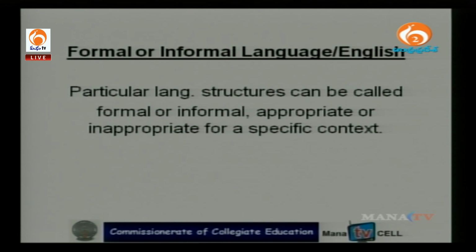Generally, the language which we use in our day to day life, and when we write something with proper structures, can be called formal or informal, and sometimes formal language may not be appropriate in one context, and informal language may not be appropriate in another context. So we have to know where we should use formal language and where we should use informal language.